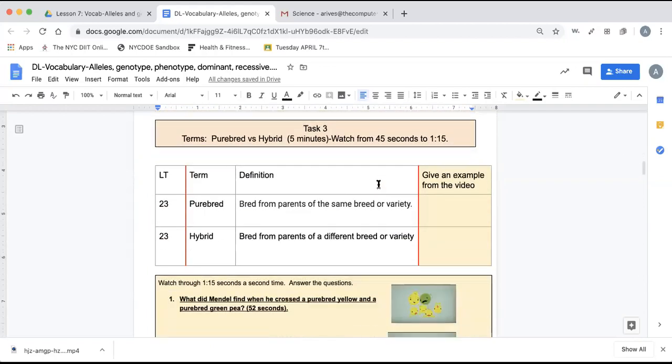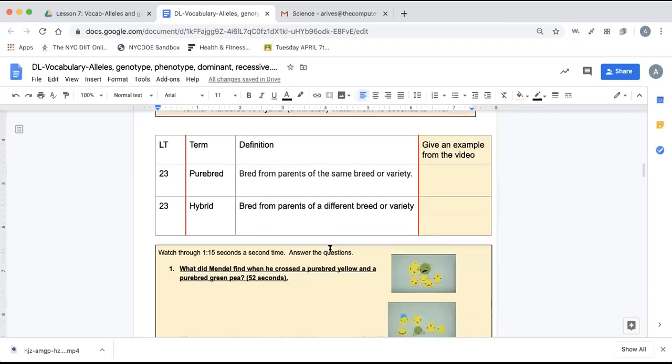Okay, task 3, purebred and hybrid. These words you might have heard before. Purebred means the parents are of the same breed or variety. So when we talk about plants, we might say they're both tall plants, or they're both short plants. Hybrids, on the other hand, are bred from parents of different breed or variety.